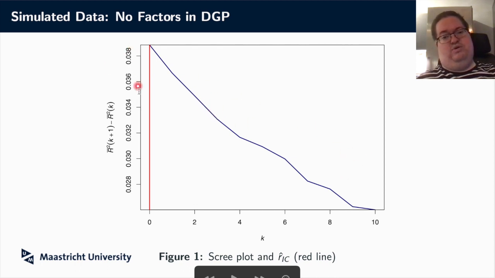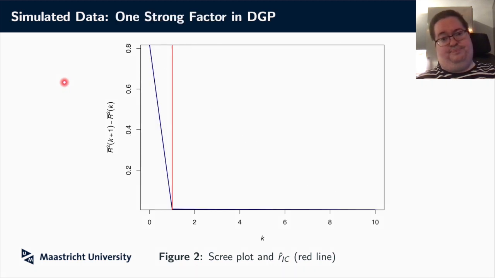You can also see it by looking at the axis, where even for the first factor it only explains 3.8% of the variation. And in fact, if I do information criteria, I look here at IC2, I get 0 factors. So that's a good case, right? We would indeed pick up that there are no factors.